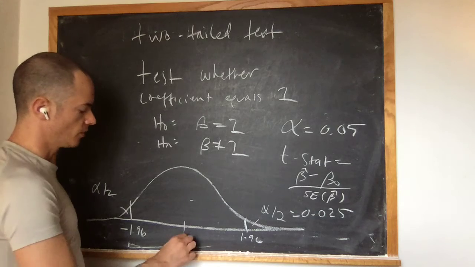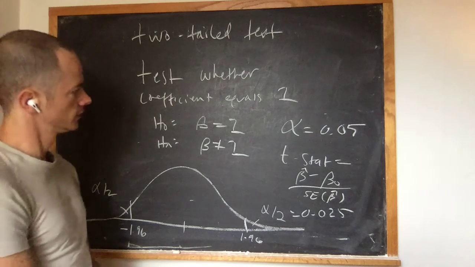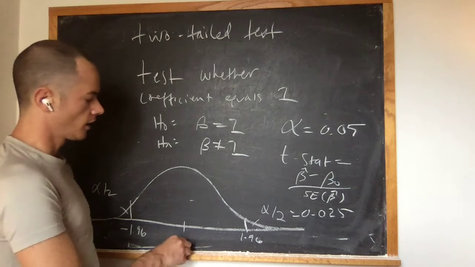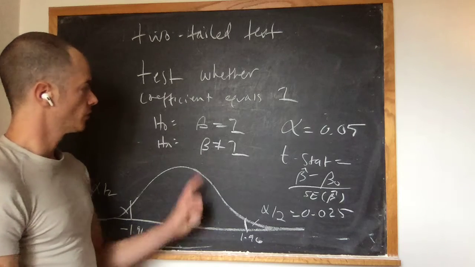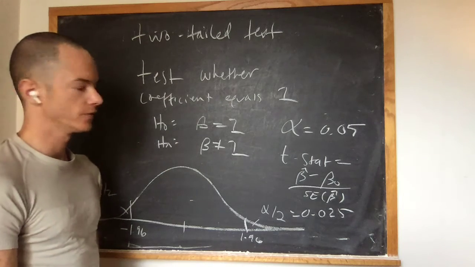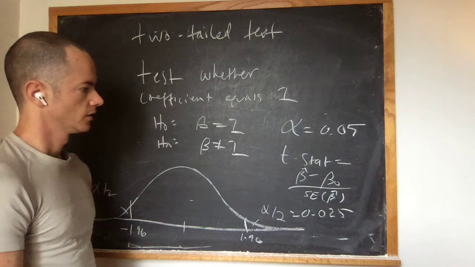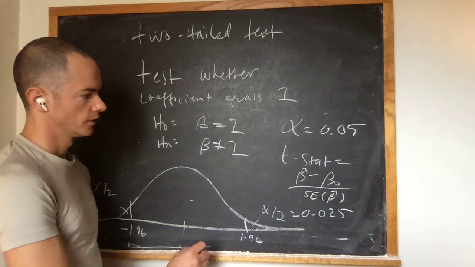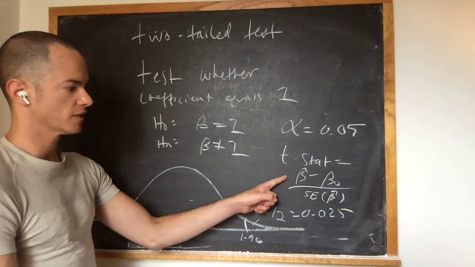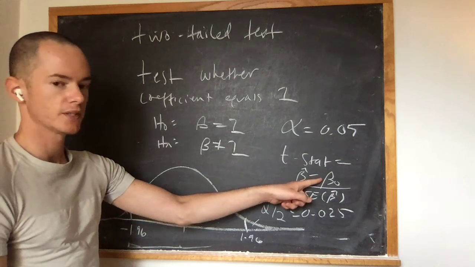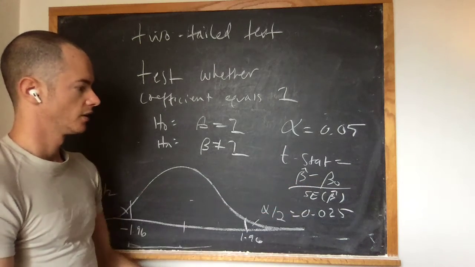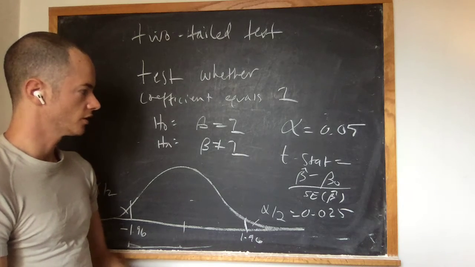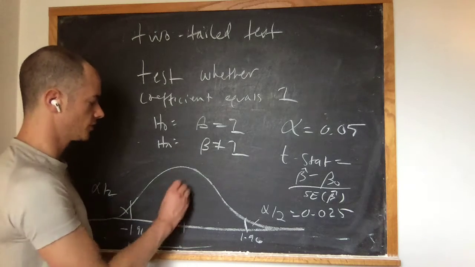And what we want to show is that we're going to try to prove the null hypothesis false, proving that the difference between the estimated value of beta and the null hypothesized value of beta is so large that the null hypothesis can't be true.